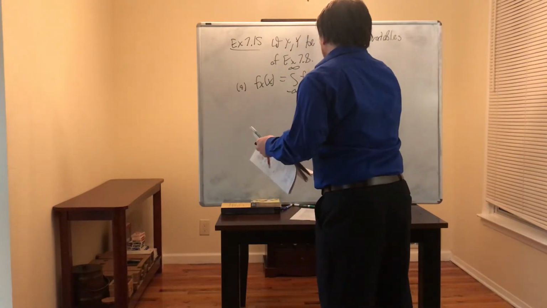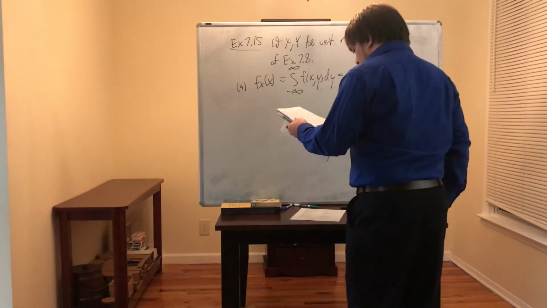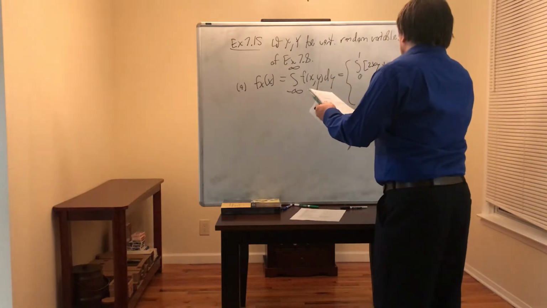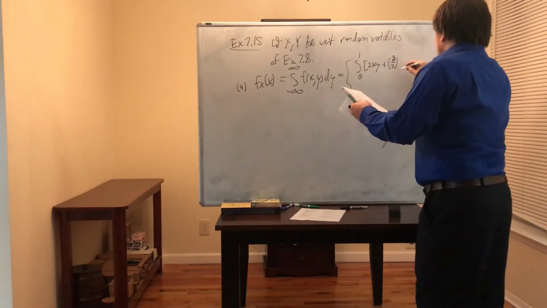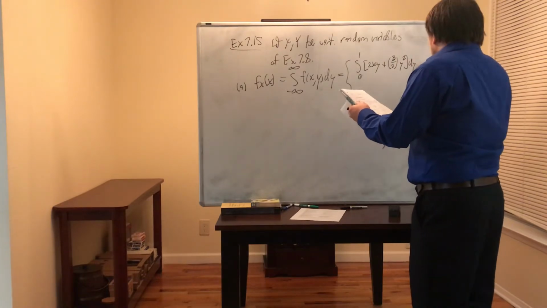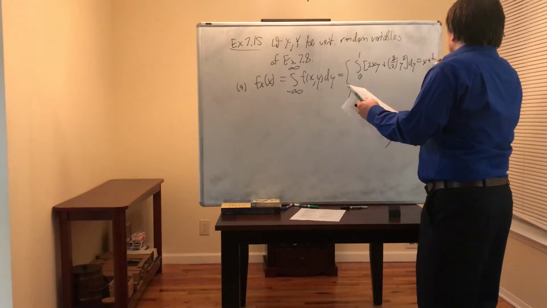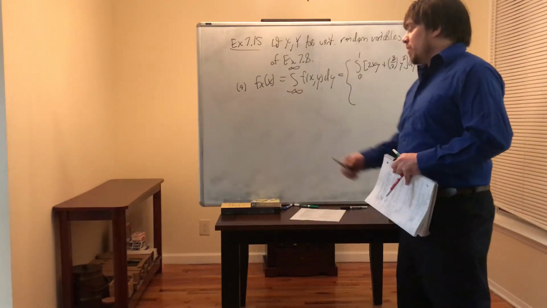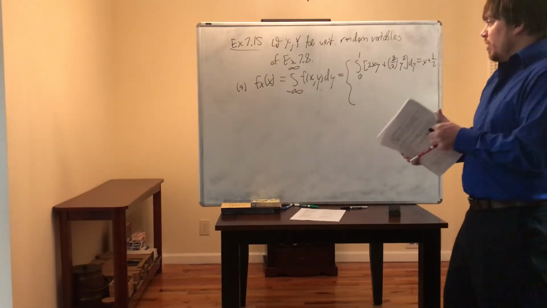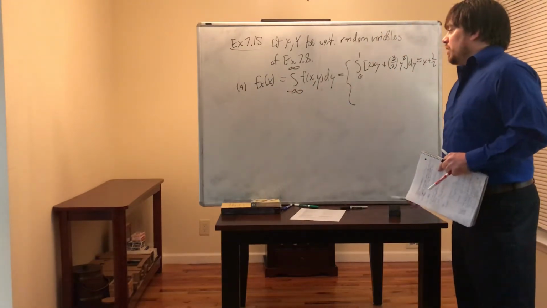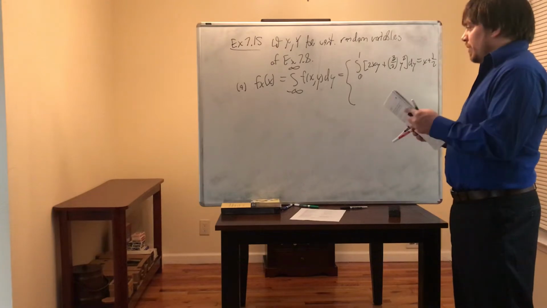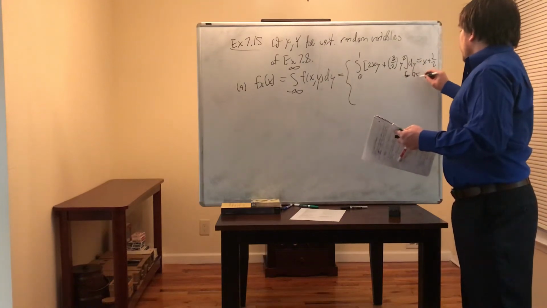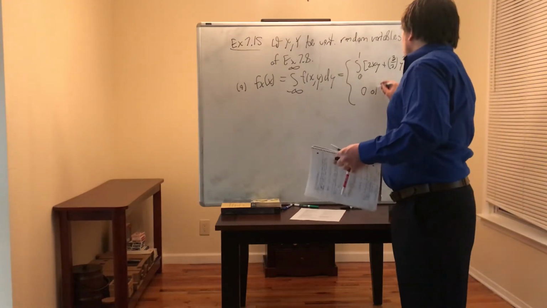So then the marginal probability function of x is this by definition, and then that's equal to this, so this is for 0 less than x less than 1, and it's 0 elsewhere.